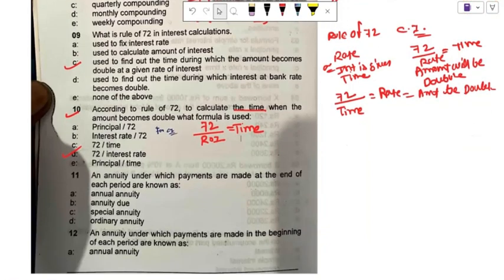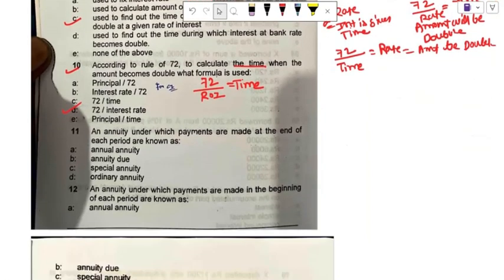Next question. An annuity under which payments are made at the end of each period is known as an ordinary annuity. Examples are loan EMI and interest payments. End of each period is an ordinary annuity.